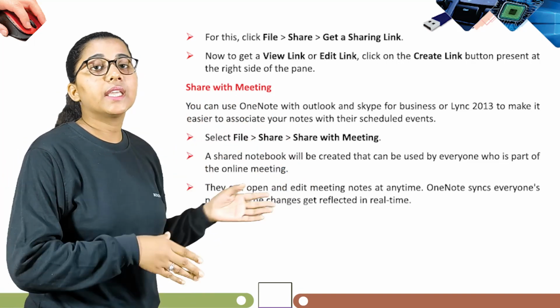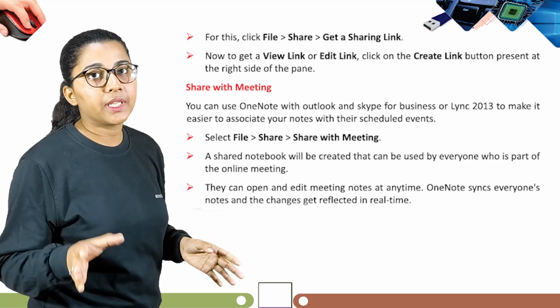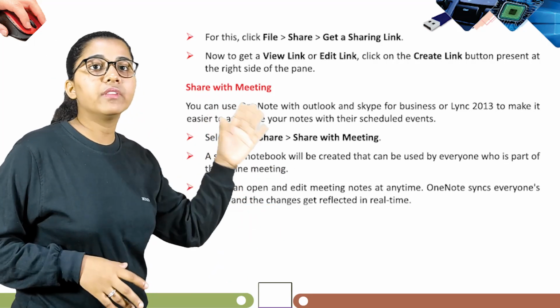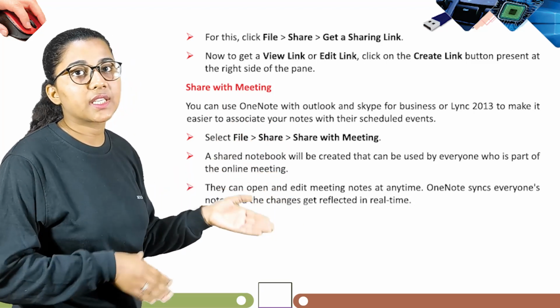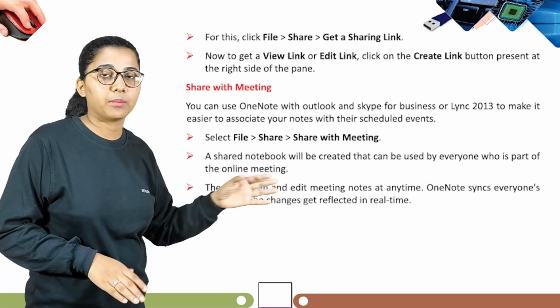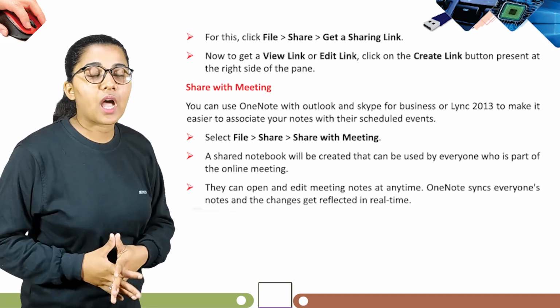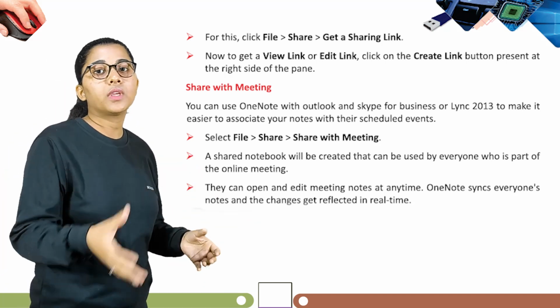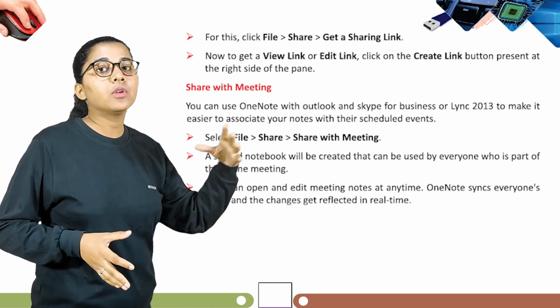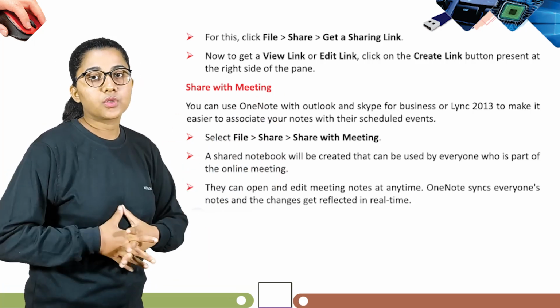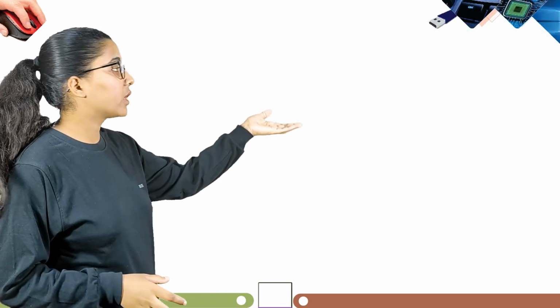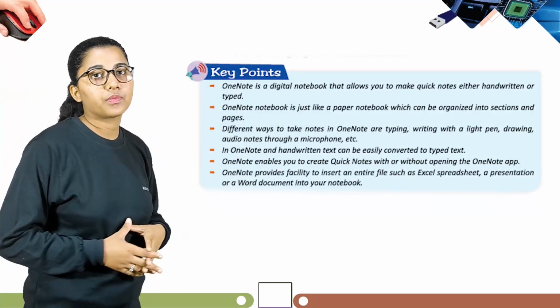Next, they can open and edit meeting notes at any time. OneNote syncs everyone's notes and the changes get reflected in real time. So students, this is how you can share your notes or get a meeting link, or you can share your entire notebook with other people.